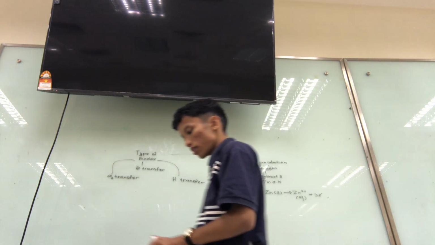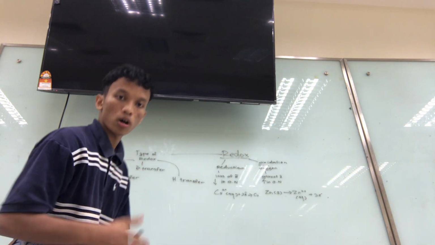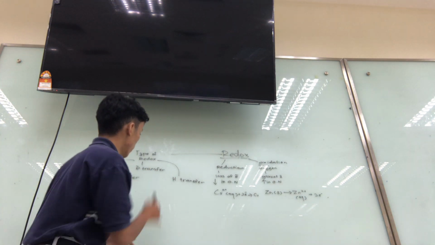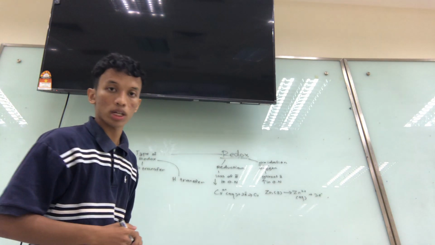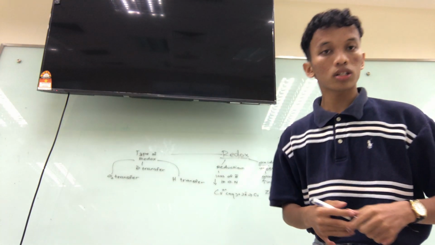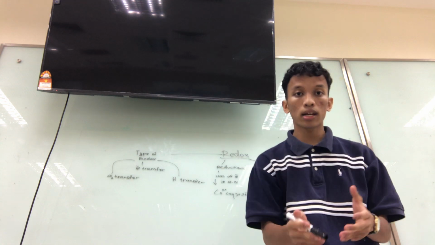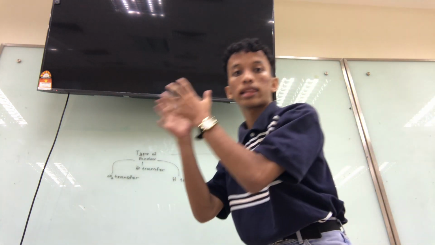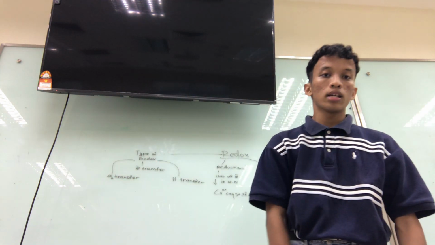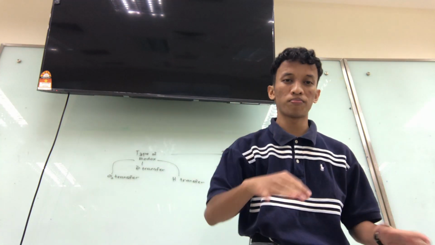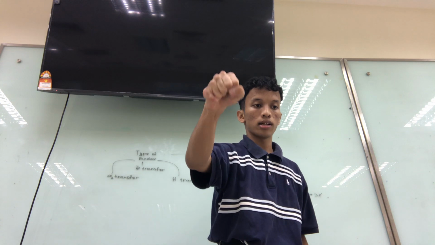Next, we move on to the types of redox. The first one we have is electron transfer. For the electron transfer, when the reactant loses electron, that means the oxidation reaction takes place.